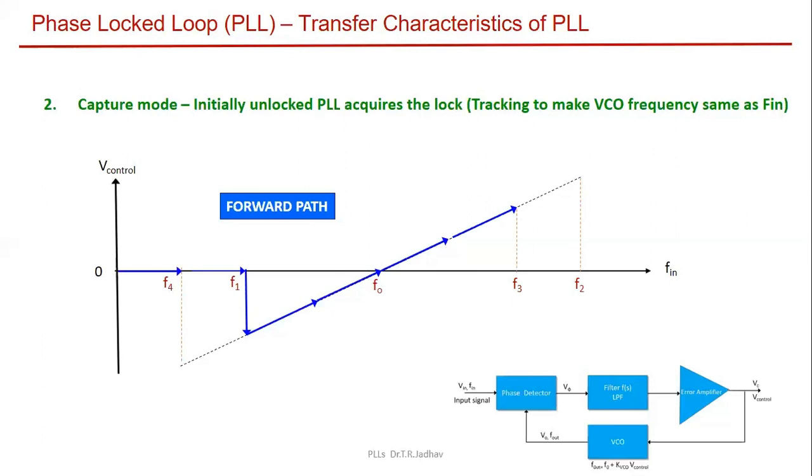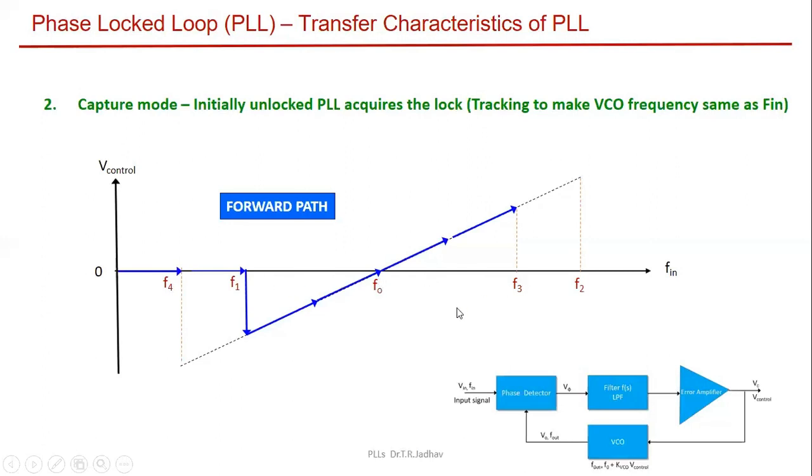Now how long will this continue to be in the capture mode? Our expectation is that at F1 it has entered into capture mode, which means it should leave the lock at F3, at an equal distance from F0 on this side and this side.